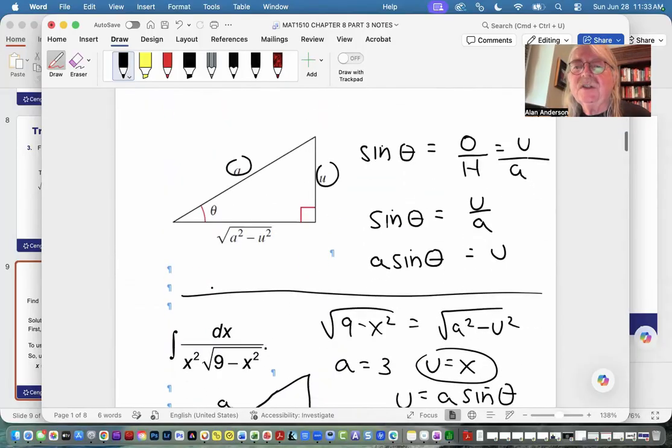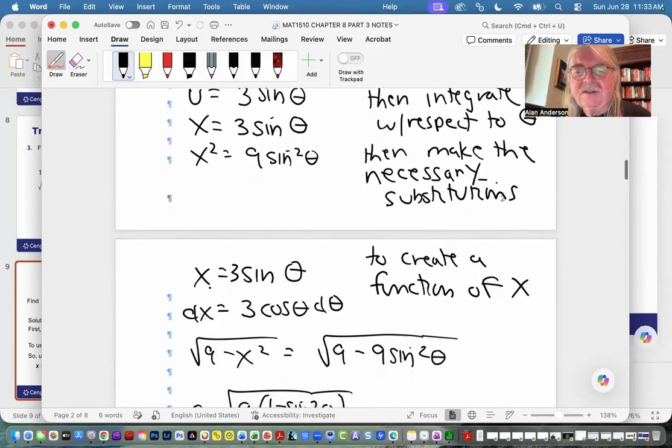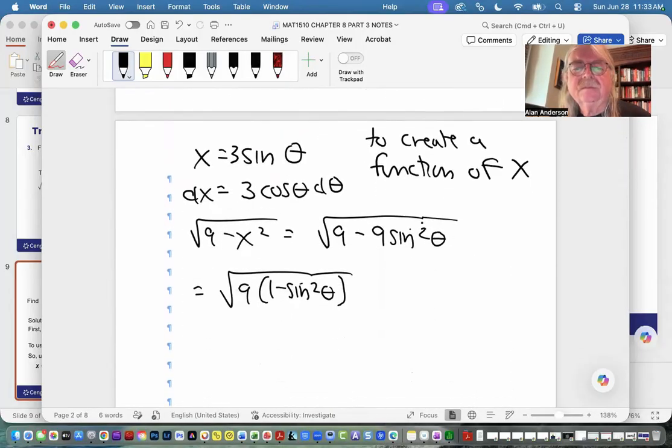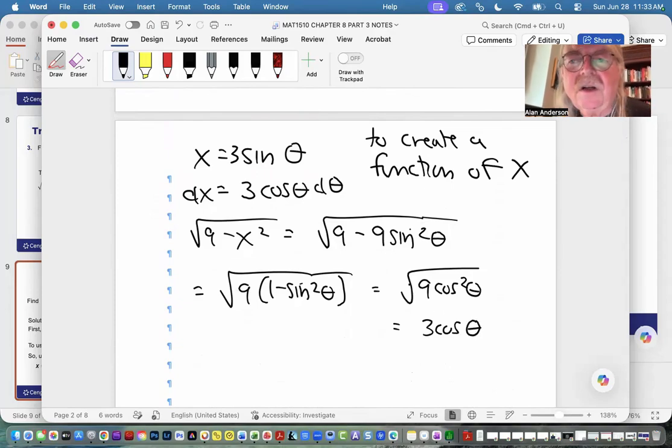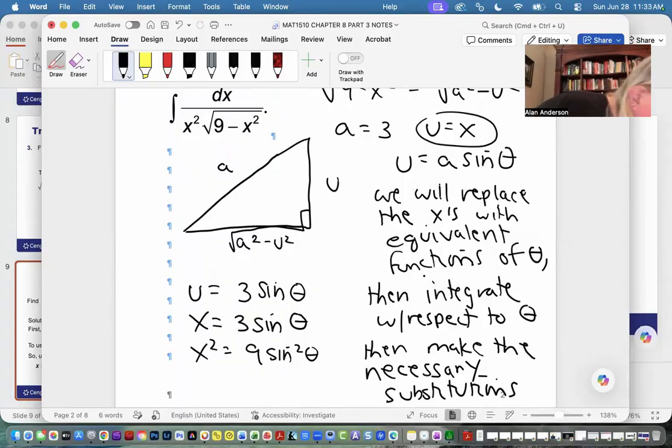That might be easier to take the square root of. And yes, it is. Although it's hard to see because we're scrolling up and down all the time, we now have everything we need to make the necessary substitutions.